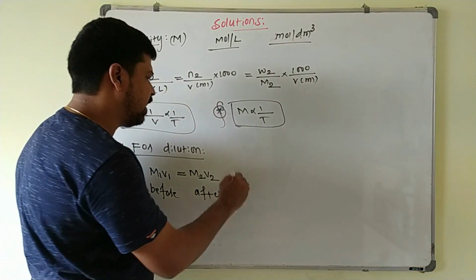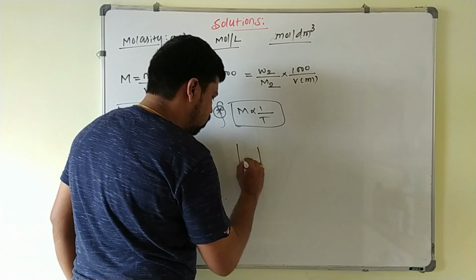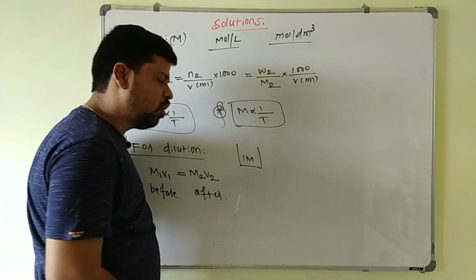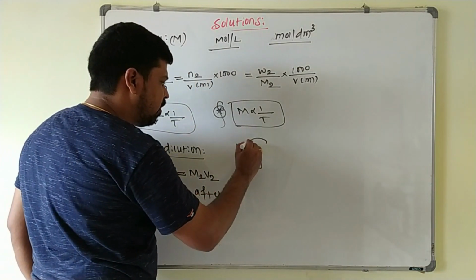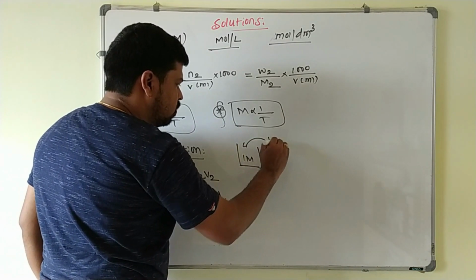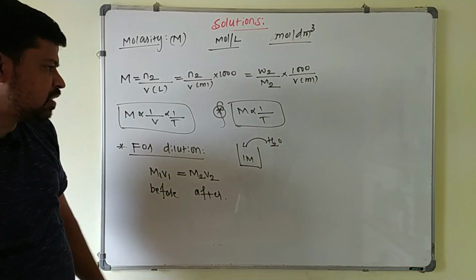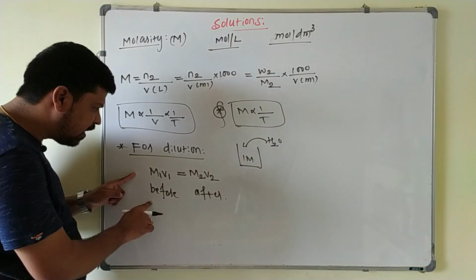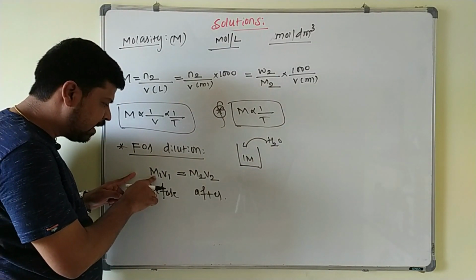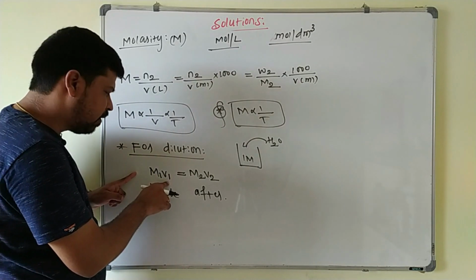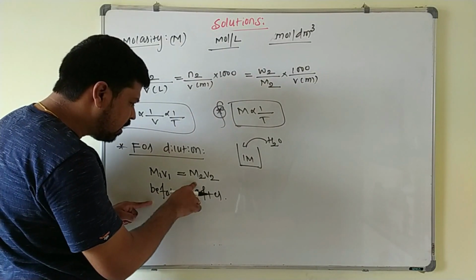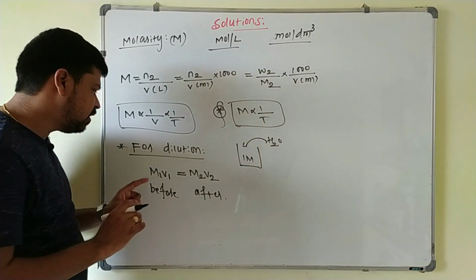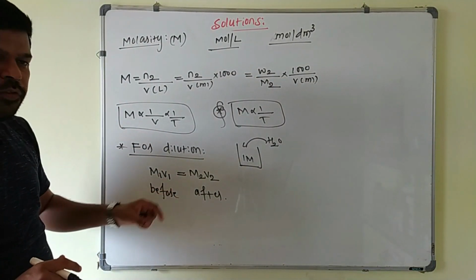For example, if I take a 1 molar solution and add water, dilution is taking place. So after adding water, its concentration changes. Before adding water, it is M1 V1, molarity into volume. After adding water, it becomes M2 V2. This is the law of dilution you have to follow here.